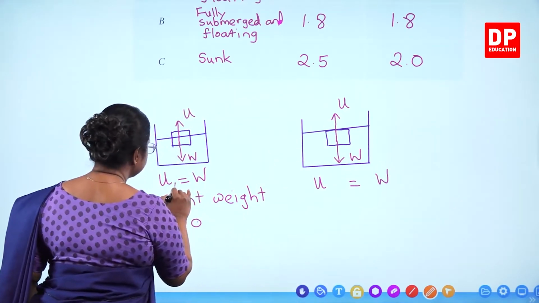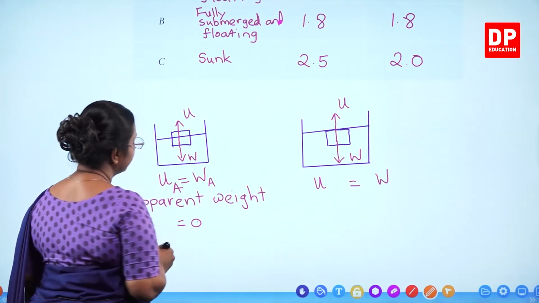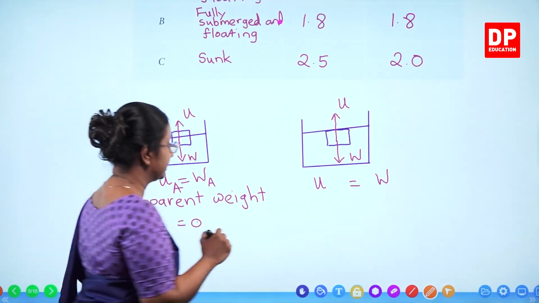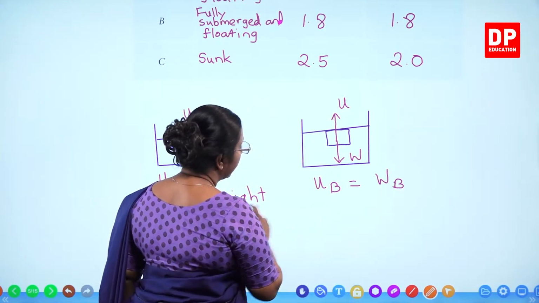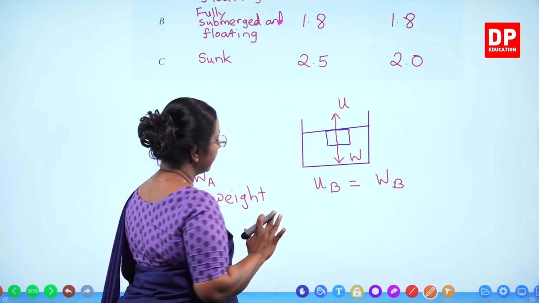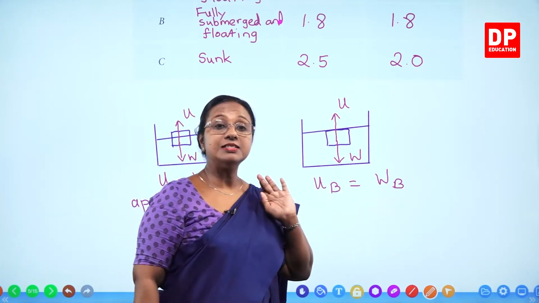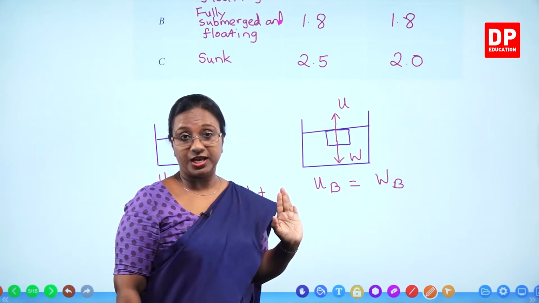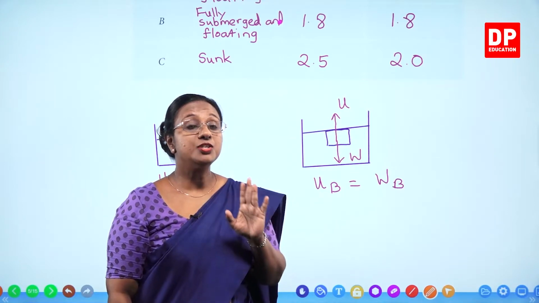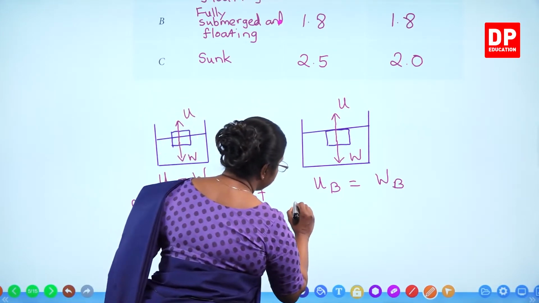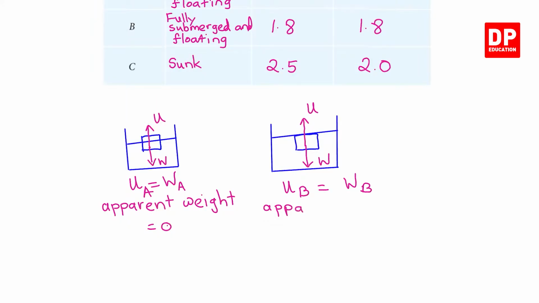I will put it as A and B so that it's easy for us to compare and see. This is upthrust B and weight of object B. Here also the situation is the same. Upthrust and weight are the same for this particular object. That is why there is no resultant force. So, there is no apparent weight. So, here also apparent weight is 0.